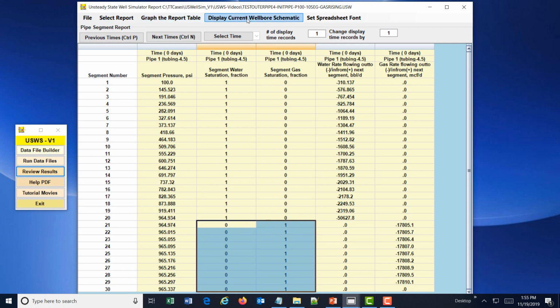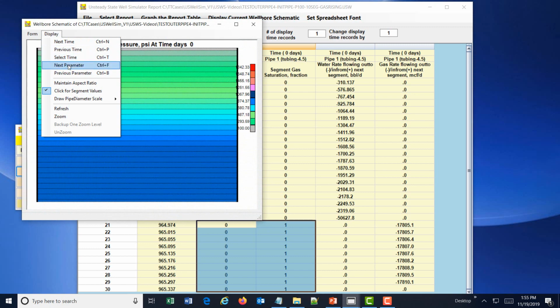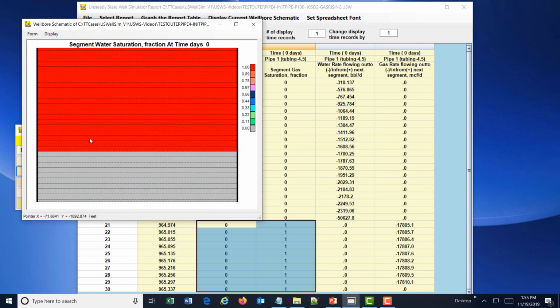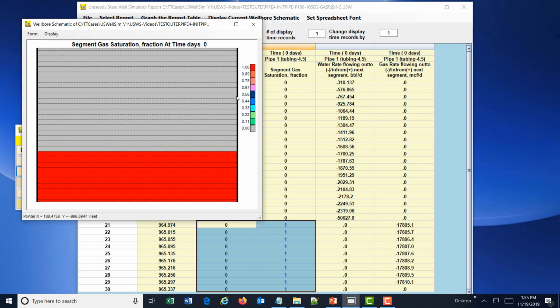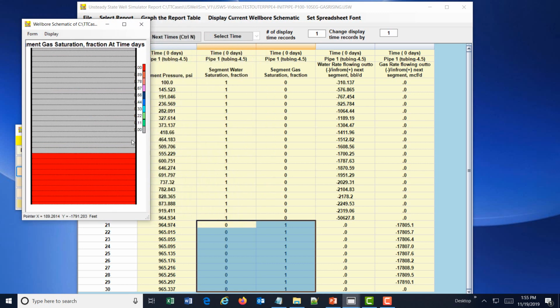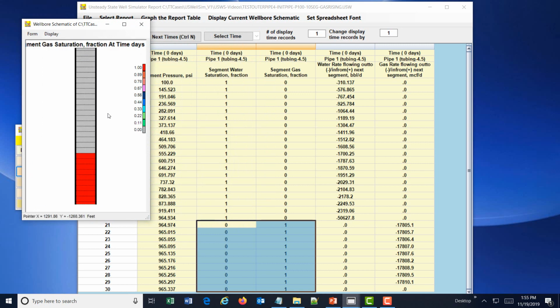So if we display the wellbore water and gas schematic, and go through with time again, we can see that the water is falling down and the gas is rising up, displacing the water, and eventually we have a gas accumulation at the top of the well.